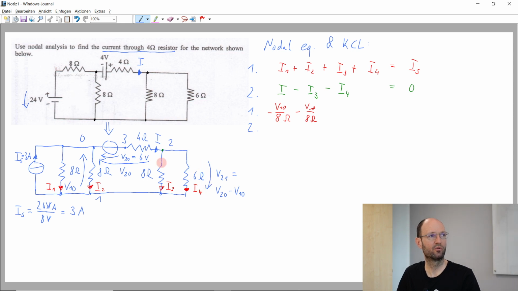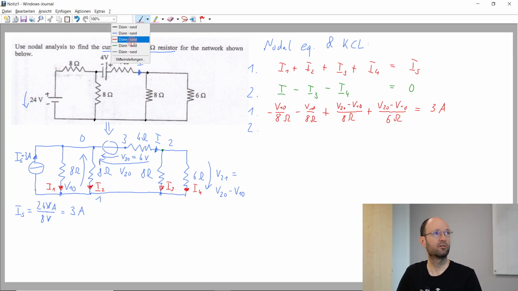If we want to have this voltage, we can take this voltage minus this voltage, then we end up with this voltage here. So now it's plus the voltage V20 minus V10 divided by 8 ohm, and plus the same V20 minus V10 divided by 6 ohm. And on the other side we have I source, this is 3 ampere.